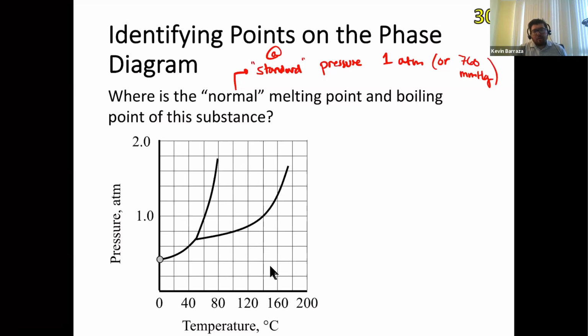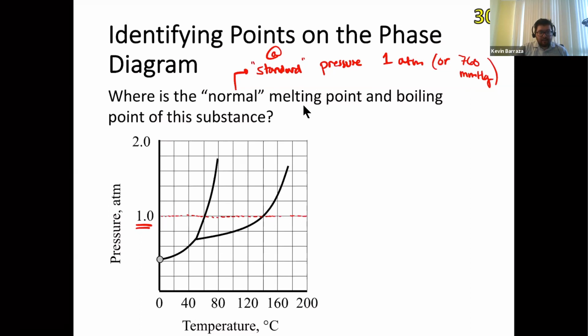So how do I tell what the normal melting point is for a substance? Well, I say normal means at standard pressure. So standard pressure is 1. So I am going to look across at the 1 mark. At what point does this substance turn from solid to liquid?